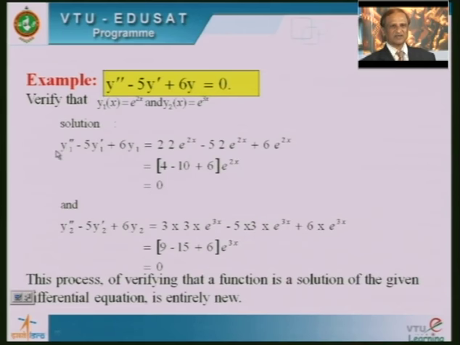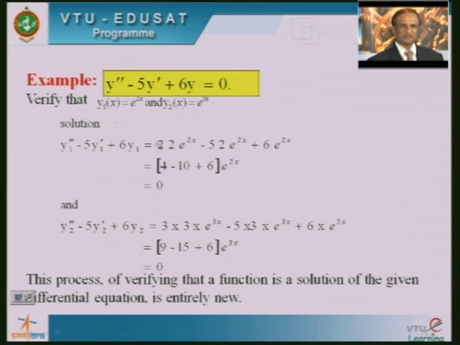Here I have written y1 double prime minus 5 times y1 single prime plus 6 y1, which equals the values of y1 double prime, 5 times y single prime, plus 6 into y, and simplify. e to the power 2x is common to all these terms. You can take out 4, 5 into 2 is 10, and 6. Simplify: 4 minus 10 plus 6 is equal to 0.